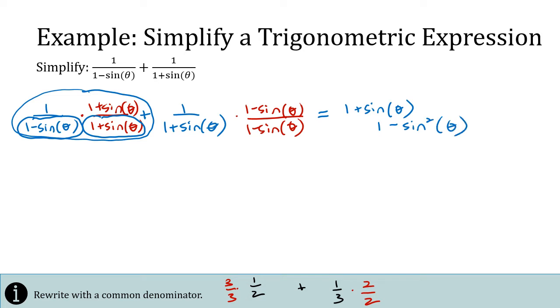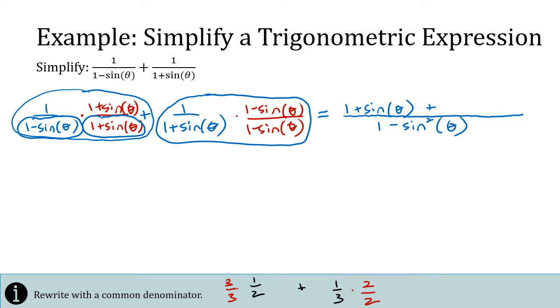Now notice I wrote that sort of in the middle because I know that that's going to happen not only in this first term, but it's also going to happen over here with this second term. So all I need to do now is figure out what the second piece here is. What is 1 times 1 minus sine of theta?